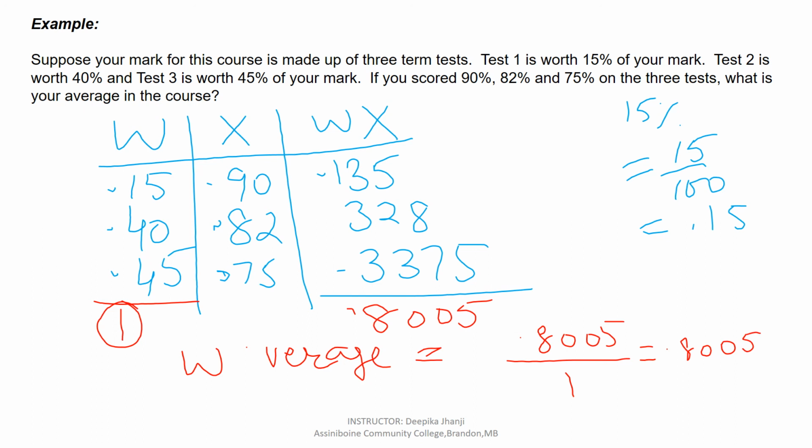And when you convert this into percentage, because all the information given in the question is in percentage, you multiply by 100, right? So multiplied by 100, you get 80.05. So that's the average score, 80.05%.